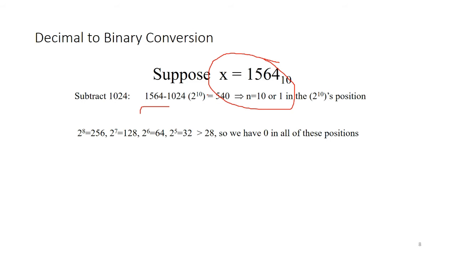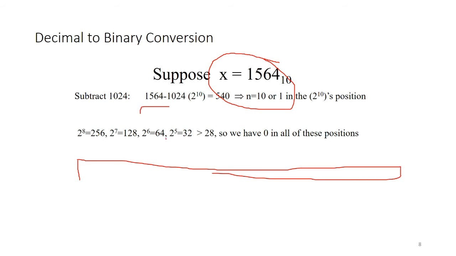As you can see, this 1564 is close to which value? 1024, right? If you don't remember, let's build a table once again, so that it will be more convenient for you to understand, I guess.